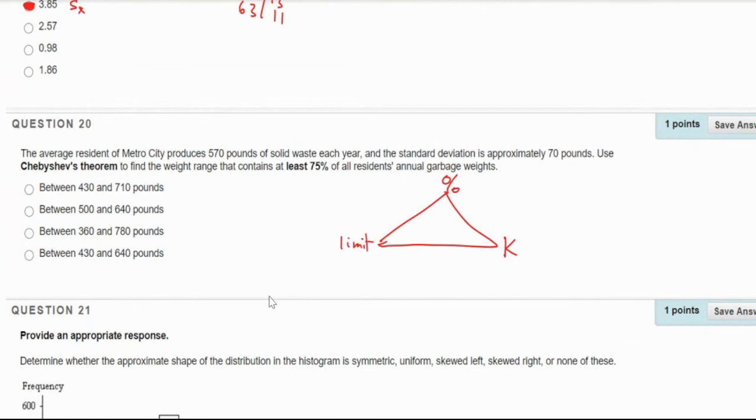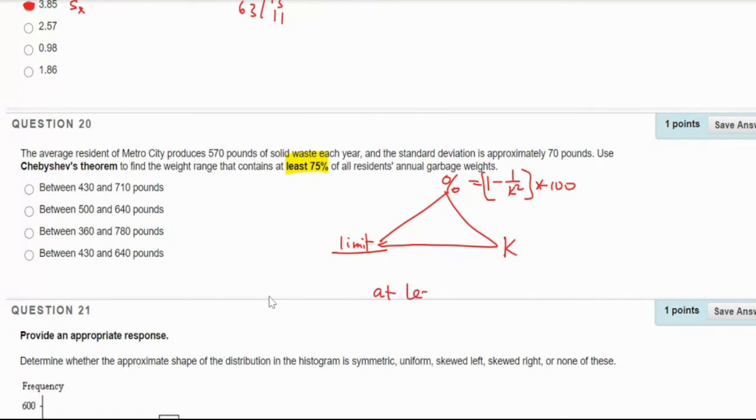The percentage is always 1 minus 1 over k squared, and then usually you could times it by 100. But it's always good before you come into the test to remember two of them.